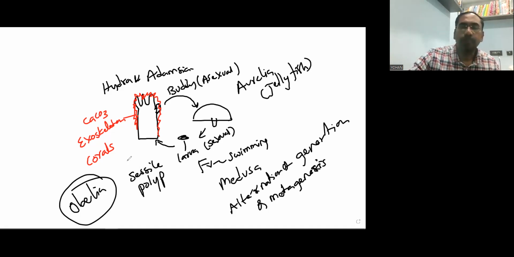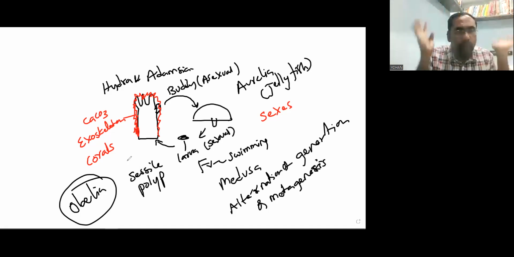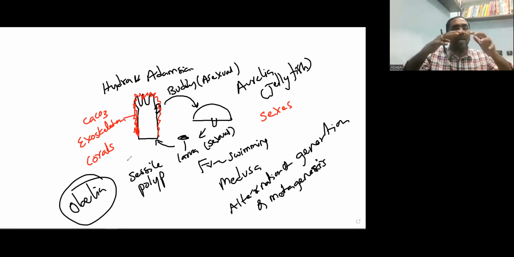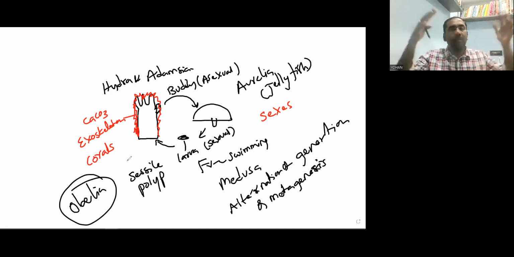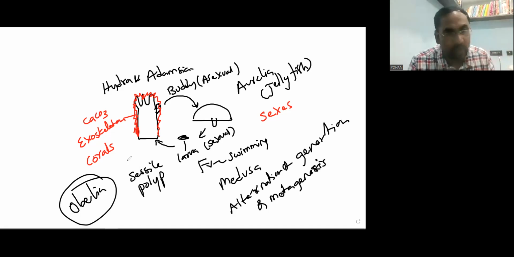Sir, can you explain this again, sir? Yes. Some cnidarians continuously secrete or produce a calcium carbonate exoskeleton for protection. Those secretions go on and finally become islands called coral islands.